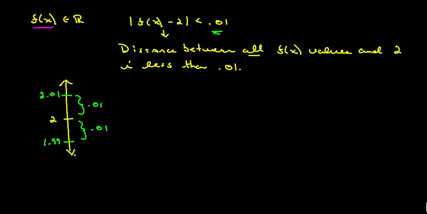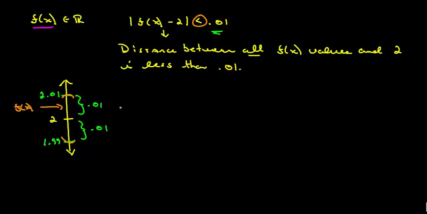So I need the distances to be less than that. So f of x has got to be stuck between these two green lines. So f of x is somewhere in there. Okay, so it's either in this side or it's in this side. It can't be equal to these green lines because we have it strictly less than. So it's stuck in there somewhere.